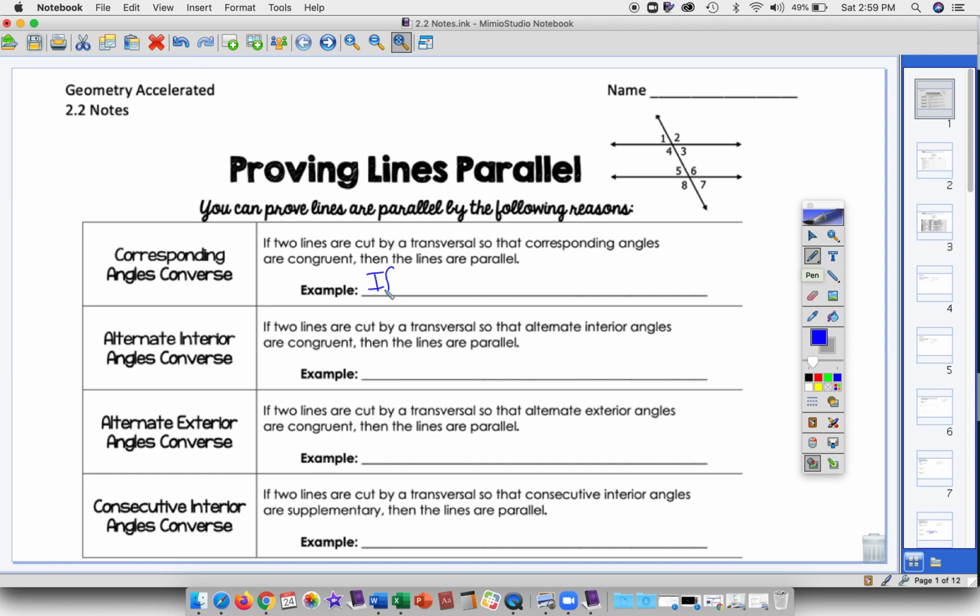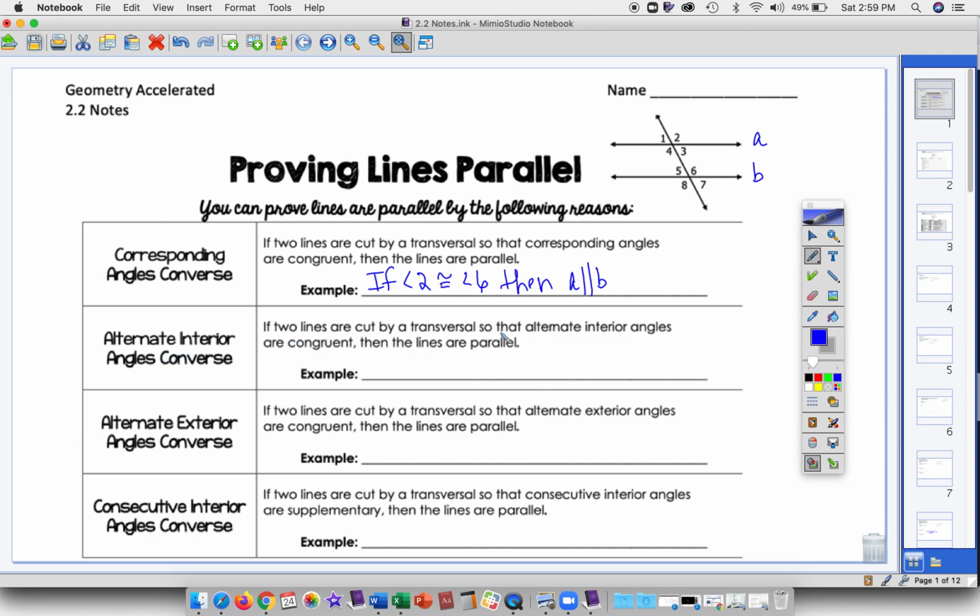If angle 2 is congruent to angle 6, then we'll call these A and B. Line A is parallel to line B.